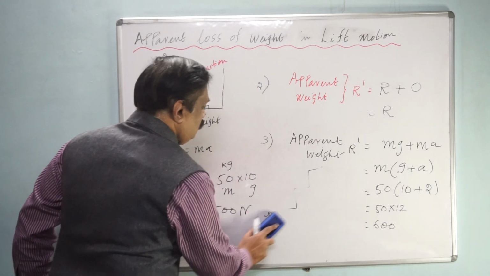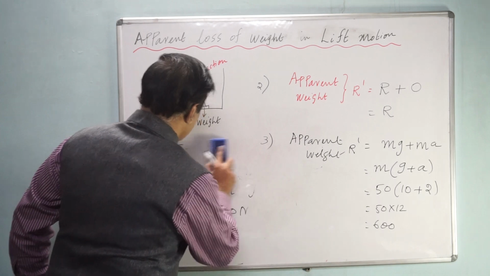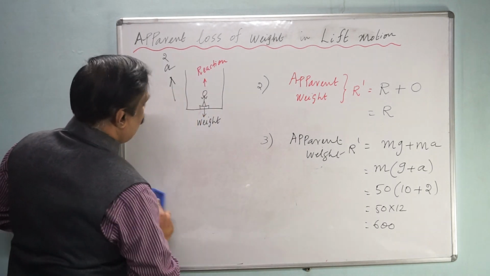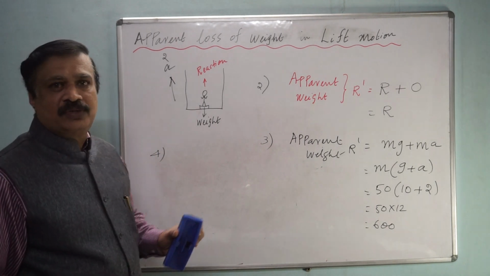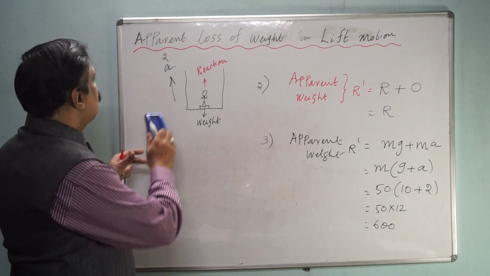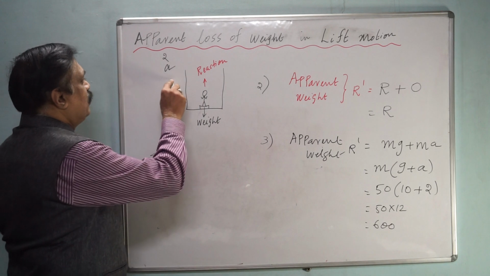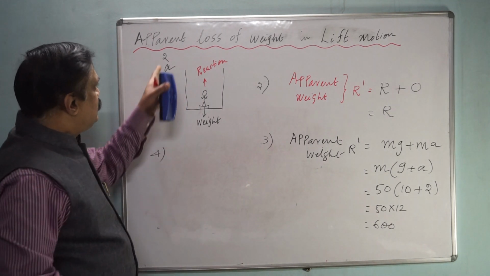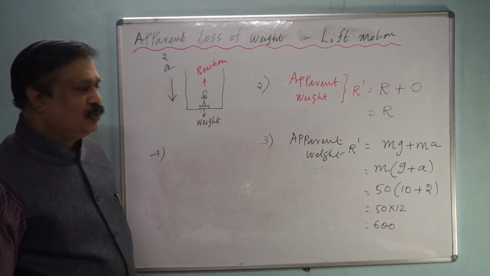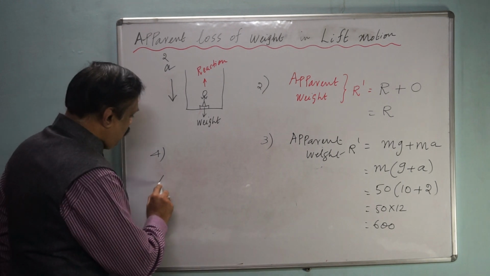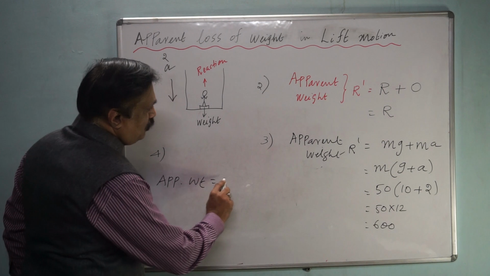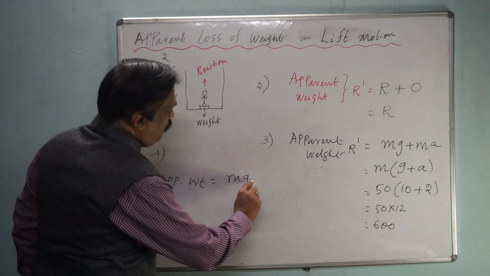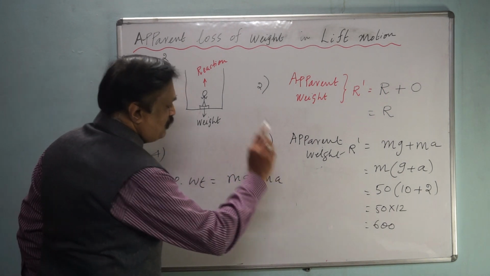Now, in the next case, when the lift is moving downwards, that means it is moving downwards with acceleration a. Then also you have to write apparent weight is equal to mg minus ma.